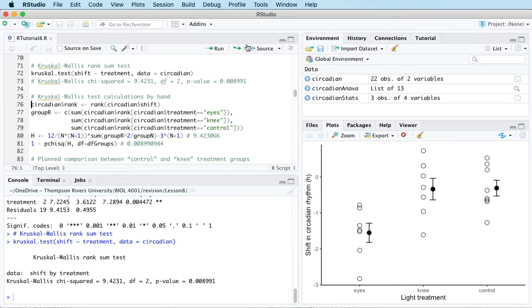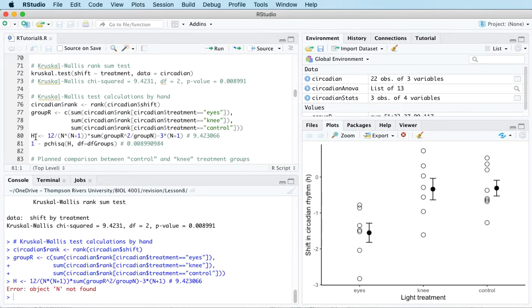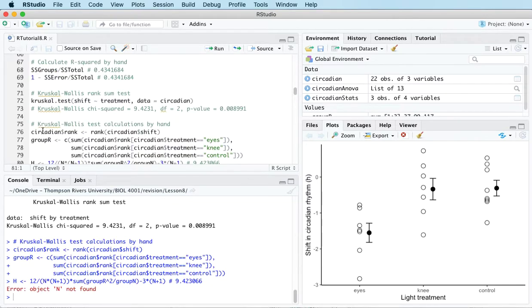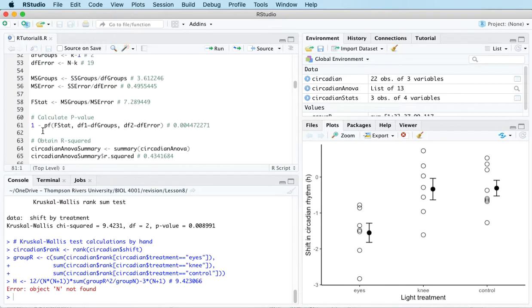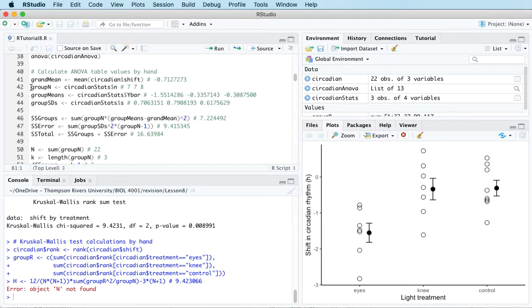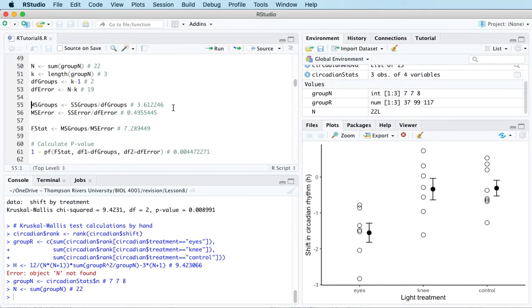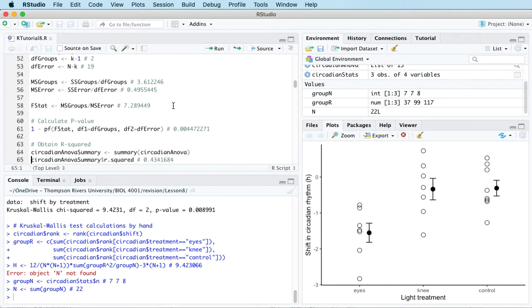We can do that using this code, and we end up not being able to find n. That's because n was up here. So I'm going to have to do a little bit of code to get n. Okay, let's try that again.